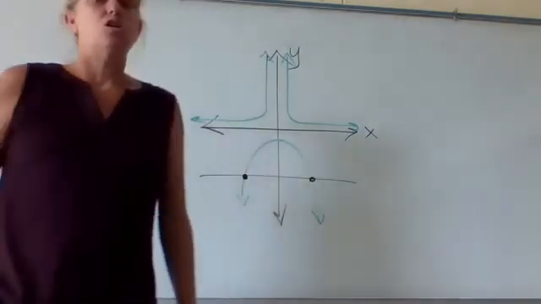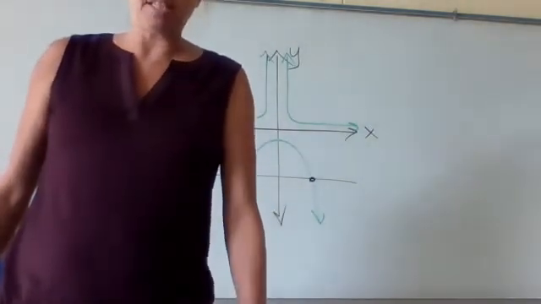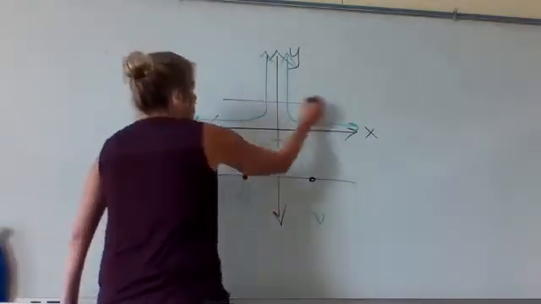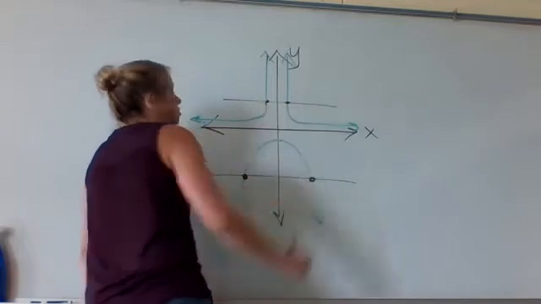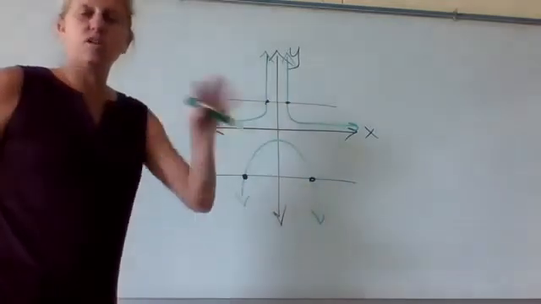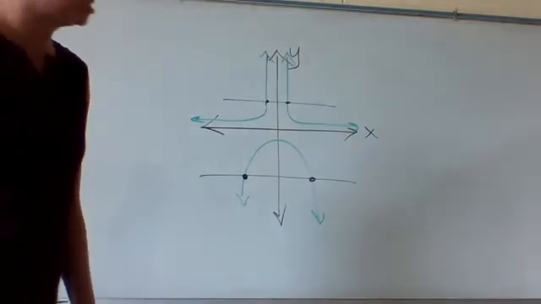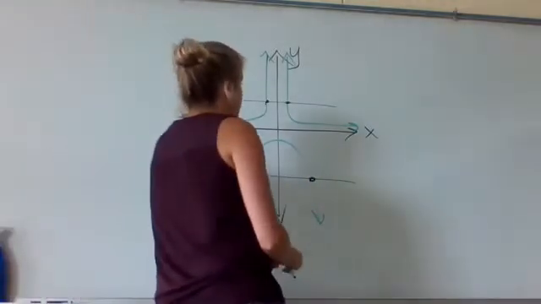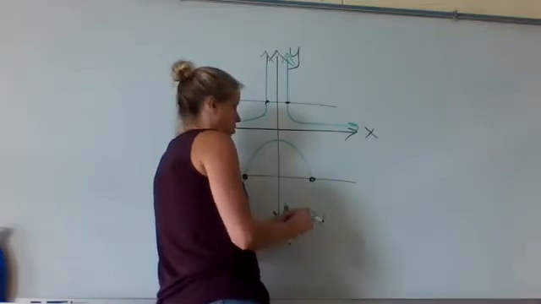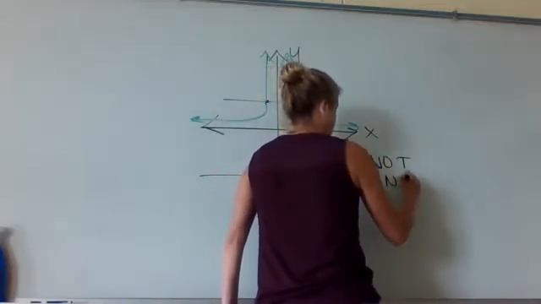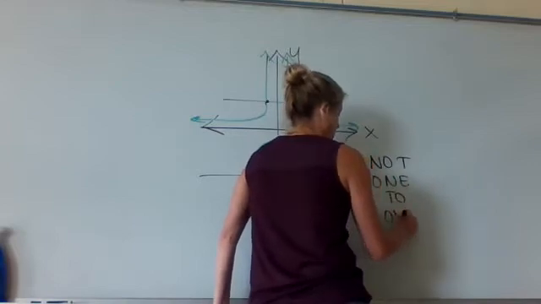It touched it twice, which means automatically right there, that tells me it's not one-to-one. I could have drawn it even up here. I would have still touched it twice. So there are several different places on here where you would touch the graph twice with a horizontal line, which means not one-to-one.